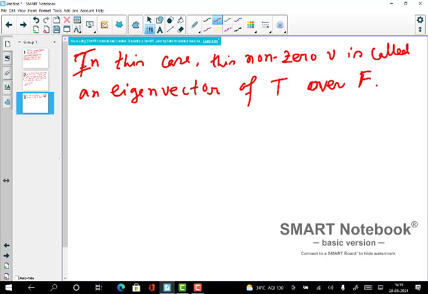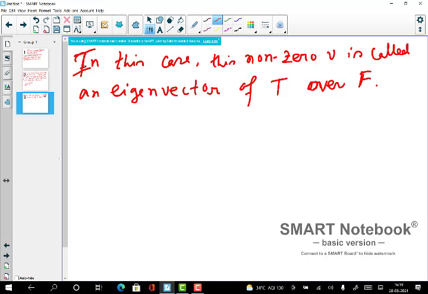I did not assume any dimension. For finite dimensional spaces there are equivalent conditions, but in general, if the dimension of the vector space is not known, finite or infinite, you can define it by this.